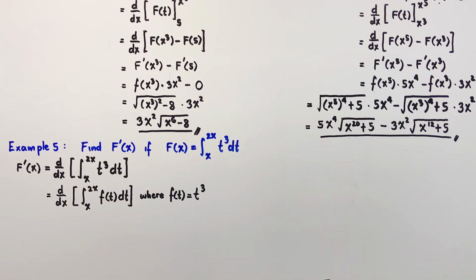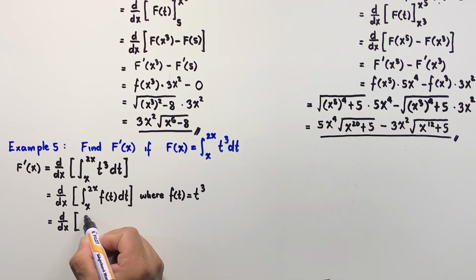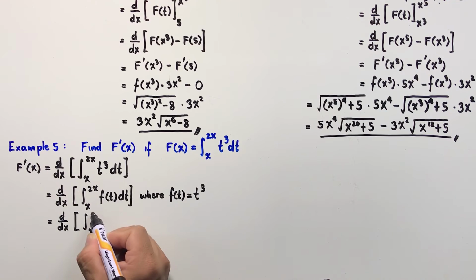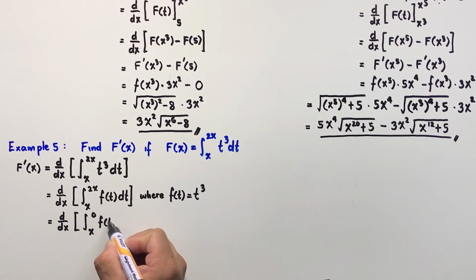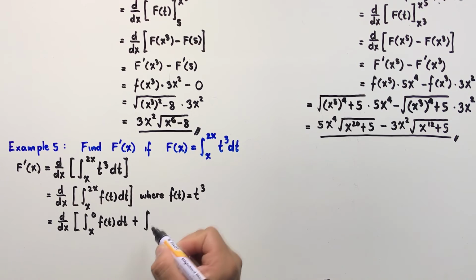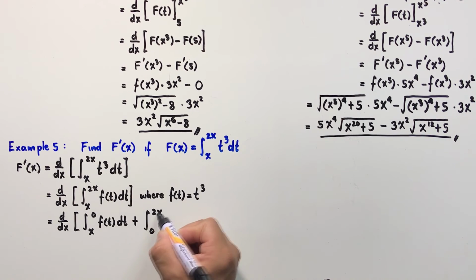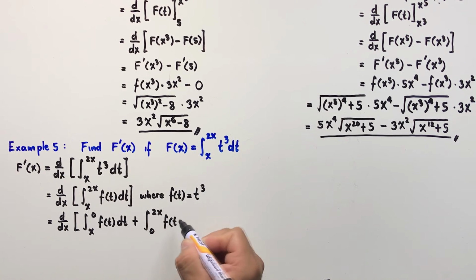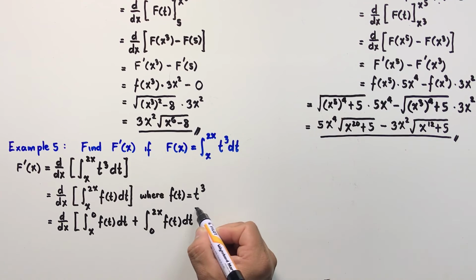Now, at this time, let us apply the property of the integrals that we can split these limits here. So we have d by dx of the integral from x to 0 of f of t dt plus the integral from 0 to 2x of f of t dt here.